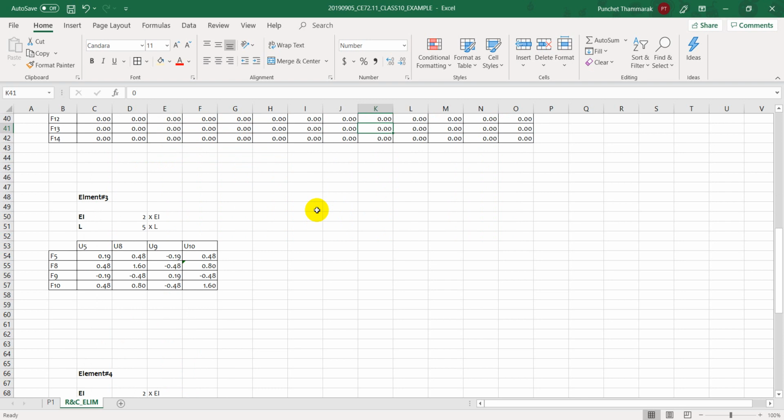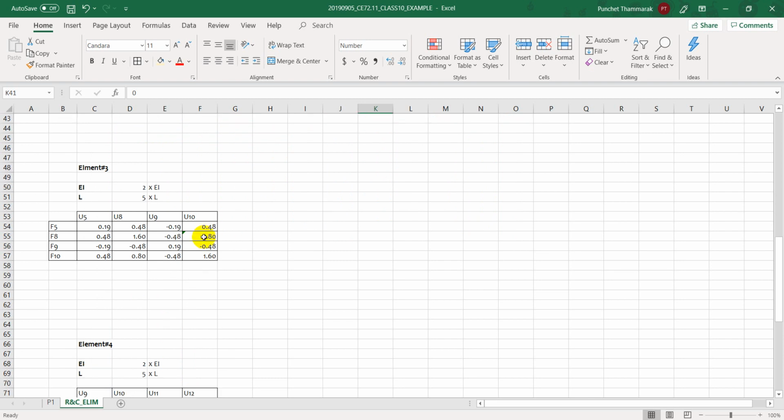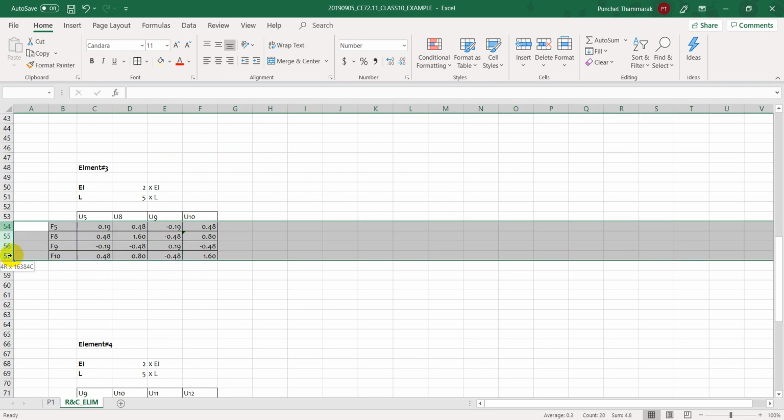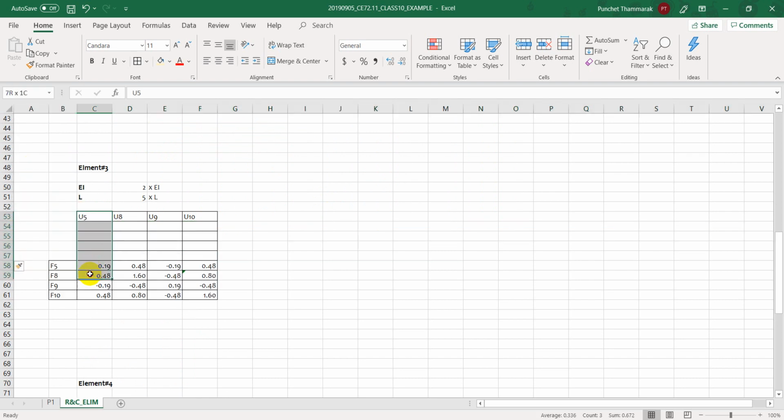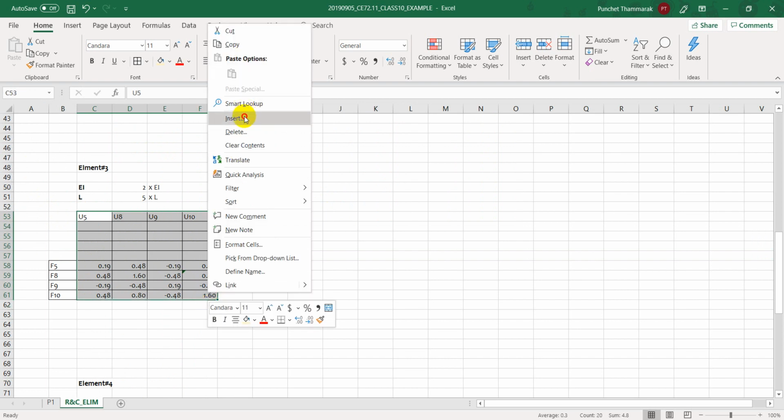Over here, what is it? U5. So we need 4 rows ahead, and likewise 4 columns ahead too.